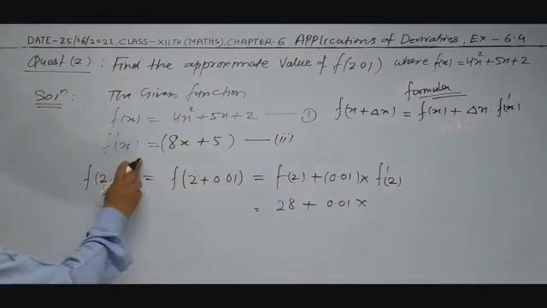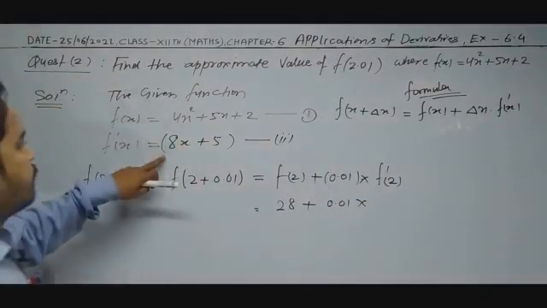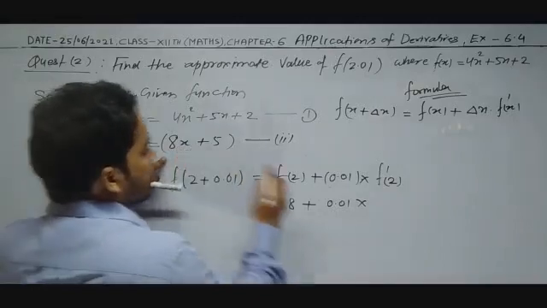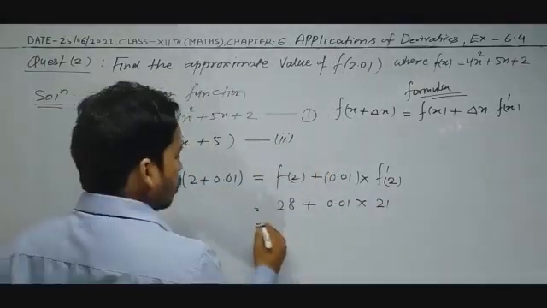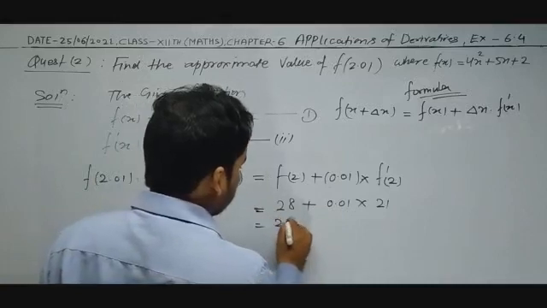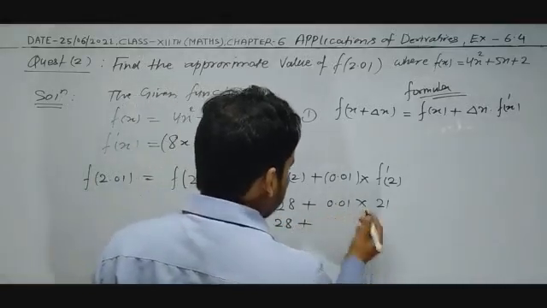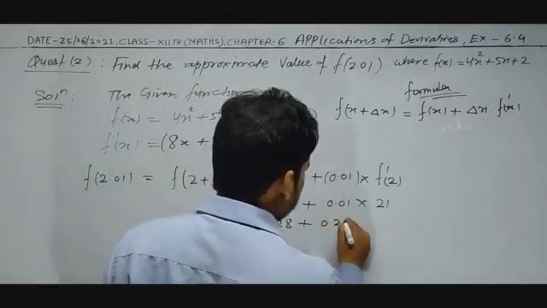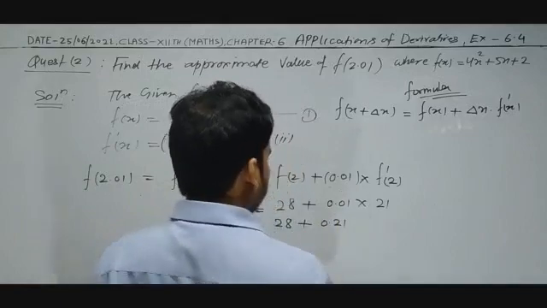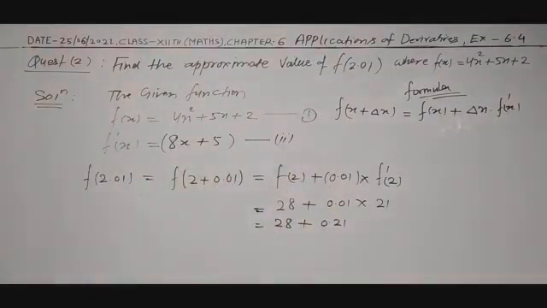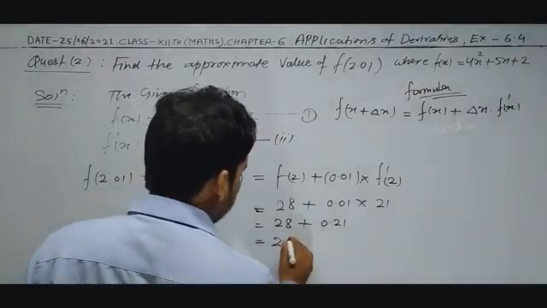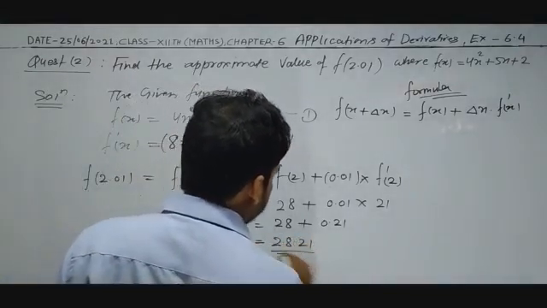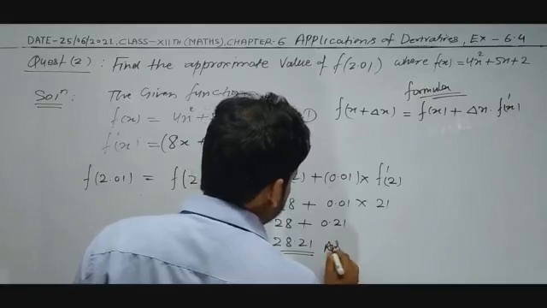This is the value of f dash x. So f dash 2 will be 8 twos are 16 plus 5, 21. So this result is 28 plus 0.21, and the result is 28.21.